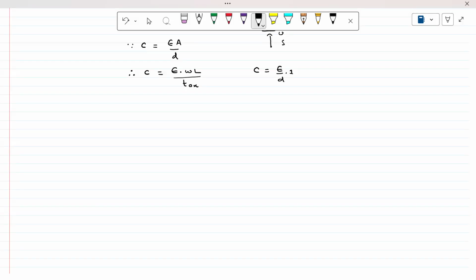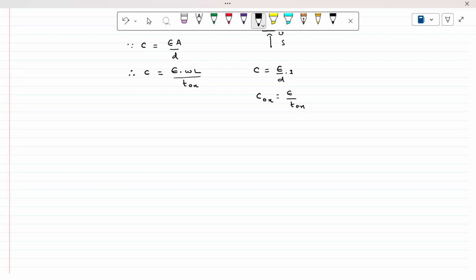According to this MOS structure, it is called Cox, and this is epsilon divided by Tox. Actually, epsilon is nothing but epsilon naught into epsilon r, where r stands for relative permittivity and epsilon naught is the permittivity of free space.